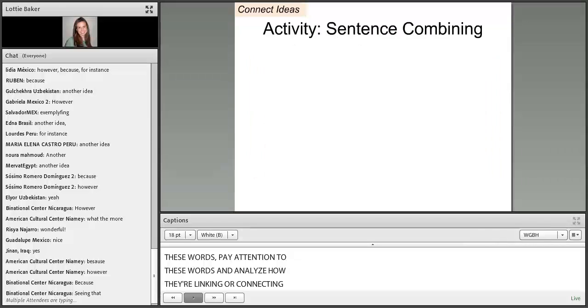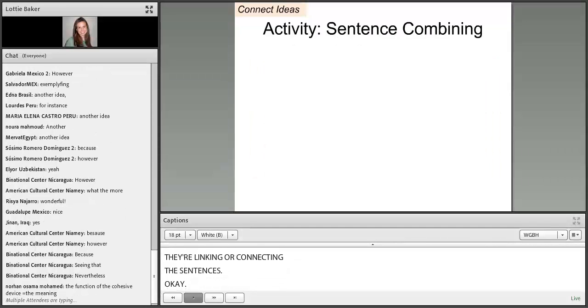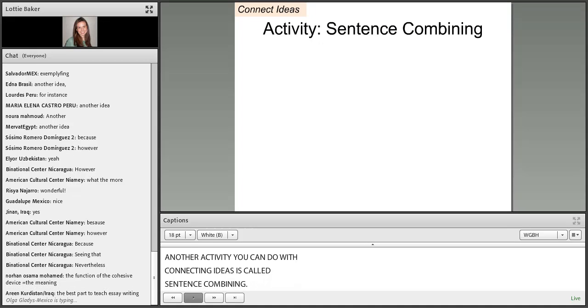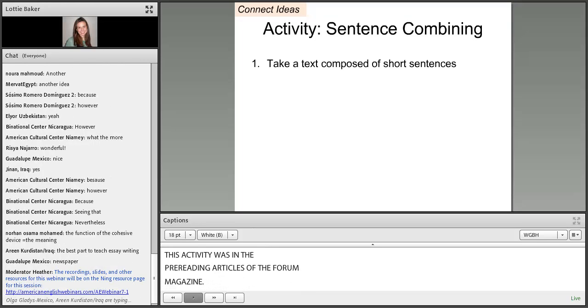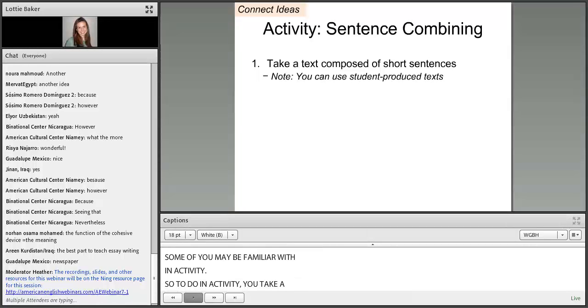Okay, another activity you can do with connecting ideas is called sentence combining. And this activity was in the pre-reading article from the Forum magazine. So some of you may have read this, and some of you may be familiar with this activity. So to do this activity, first you take a text composed of short sentences.